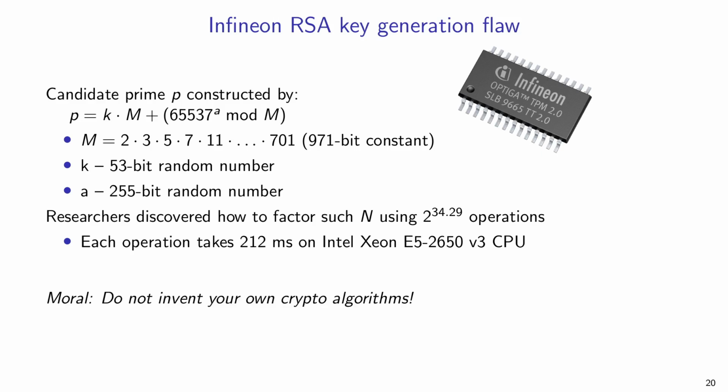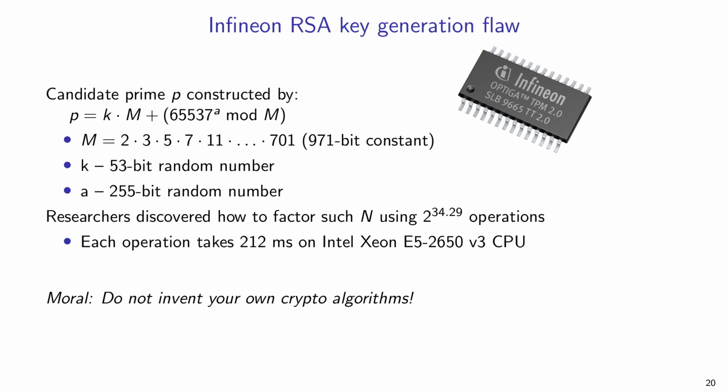Now, the moral here is, do not invent your own crypto algorithms. The golden rule in crypto is that you should use only those algorithms which have been standardized, have been publicly exposed for years, and have received significant scrutiny over the years from the cryptanalysis community.